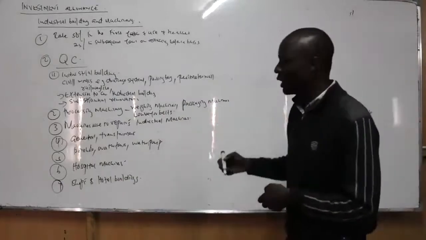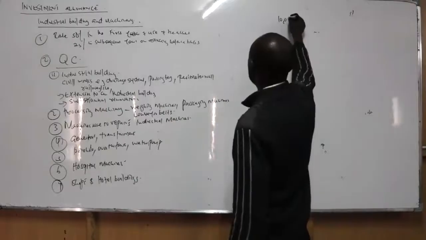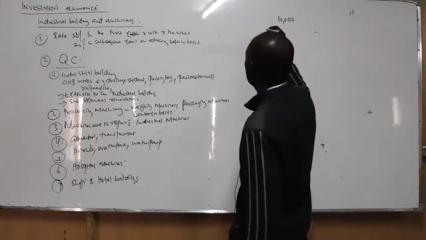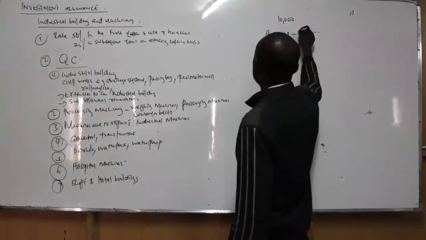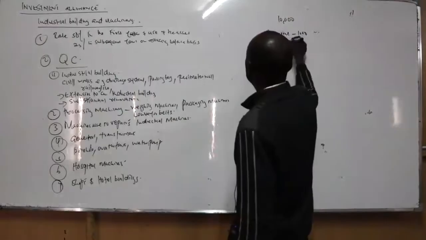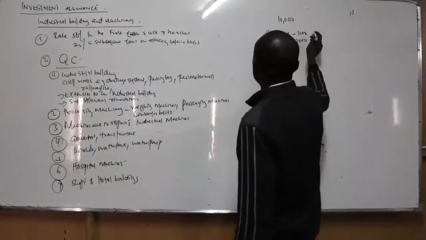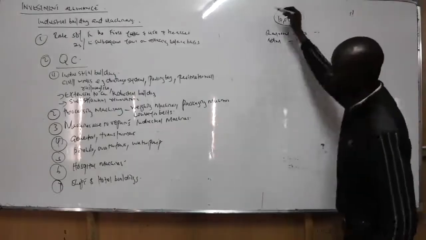category. For example, you use 10 million to construct an industrial building. In this 10 million, the showroom cost is maybe 1 million, and the admin block is also 1 million. These two costs are included in the total cost of the industrial building of 10 million.